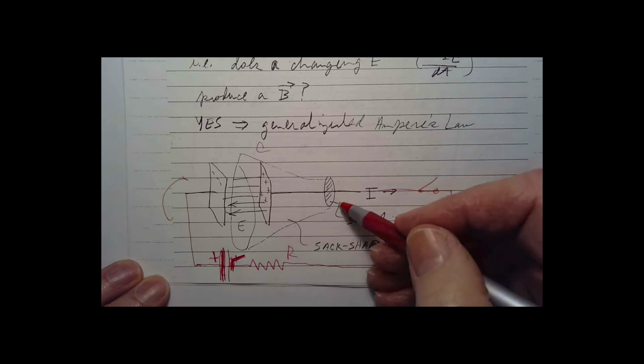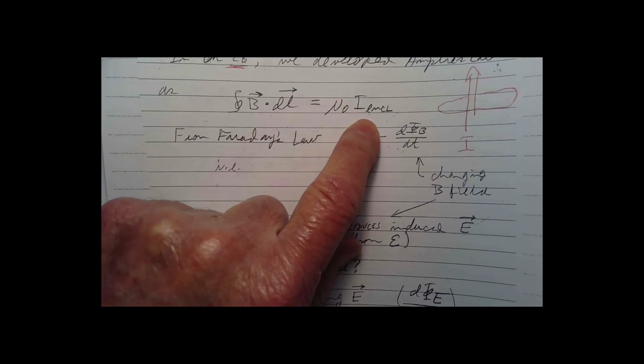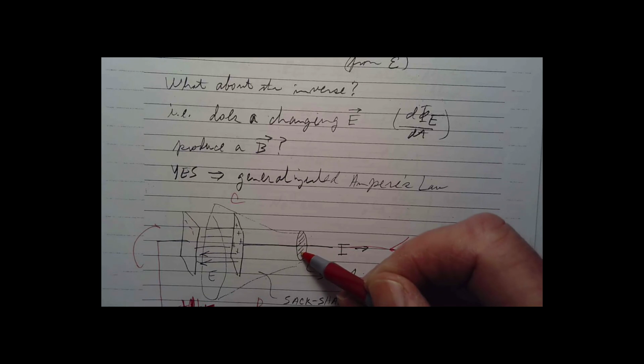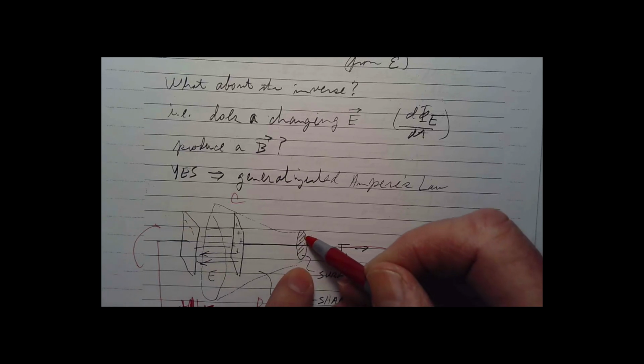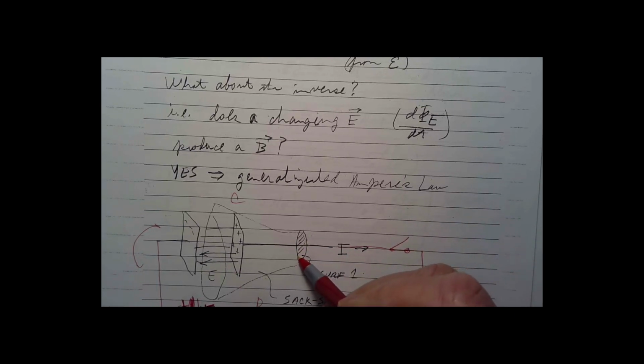All right, let's use Ampere's law, integral of B dot dl, with that I enclosed, where that I is this I right here. If I take a closed loop around here, then I get a time rate of change of current, which gives me a field that gives me a value for magnetic field there.